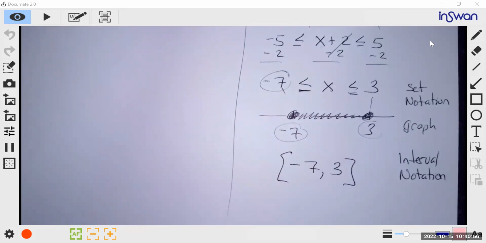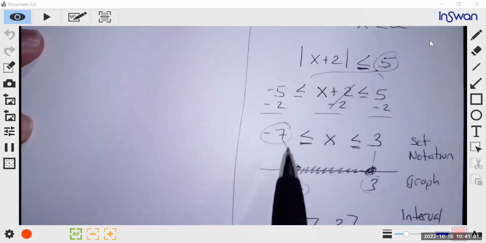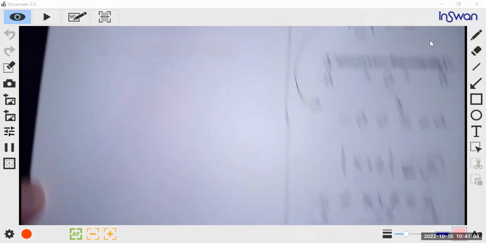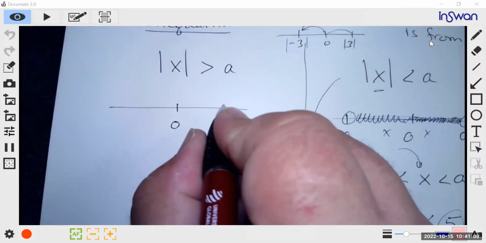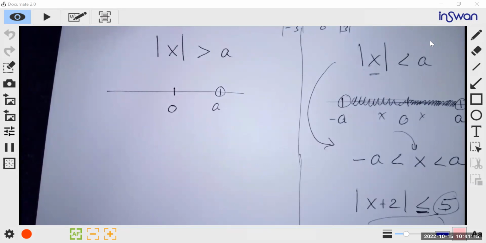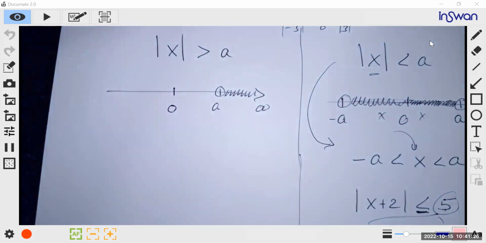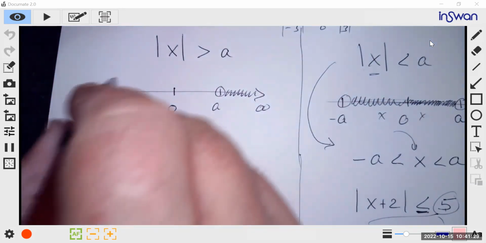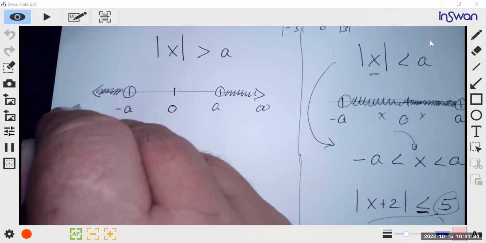Pretty good so far? So if it's less than or less than or equal to, then you have to put whatever answer it is on both sides. One's positive, one's negative. Now the other side, if it's greater than, which direction is it going? Away from or towards 0? Away from, yeah. So it's going towards infinity. But likewise, since it's going away from 0, the negative side has to be going to negative infinity.